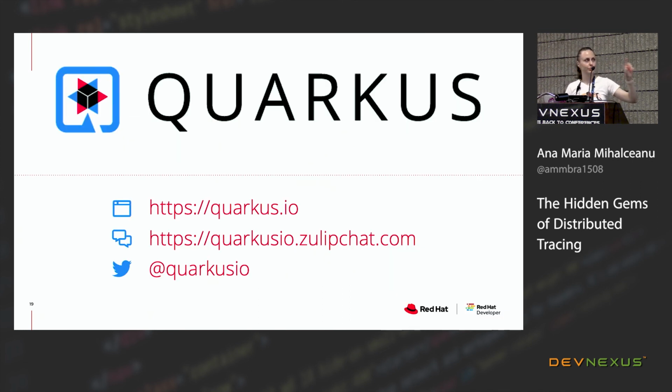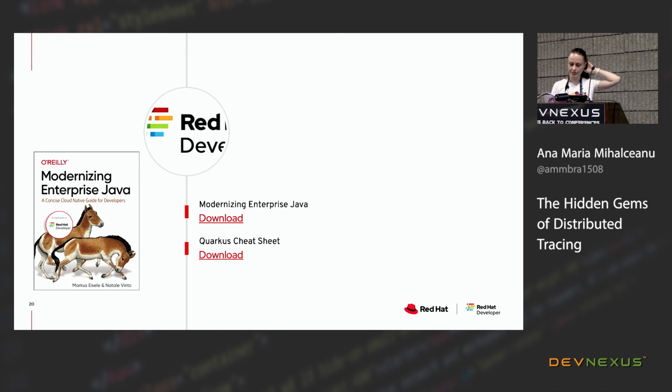There are more resources if you're interested in Quarkus. This is how you can connect with the Quarkus team. And of course, you can also download some books. By the way, there are some books at the Red Hat booth as well, which you can get for free. And you can download and look at the Quarkus cheat sheet for more things that you can do with Quarkus.